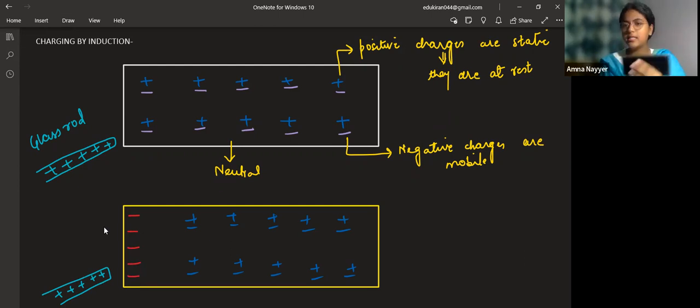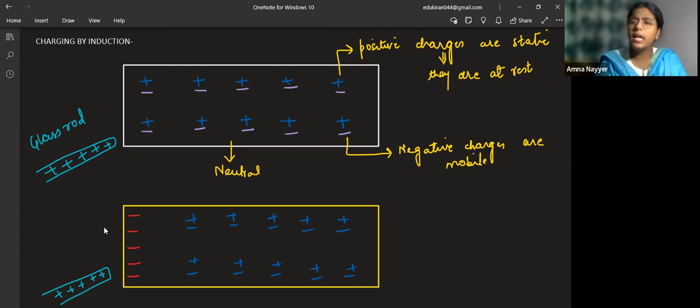This is the body, this is the glass rod. I have not placed them in direct contact, but kept the rod near it. So what will happen? The negative charges that were distributed equally are coming towards the edge. They are getting attracted by the rod. So the positive and negative charges, which were initially neutralizing in pairs, are now slowly getting separated.